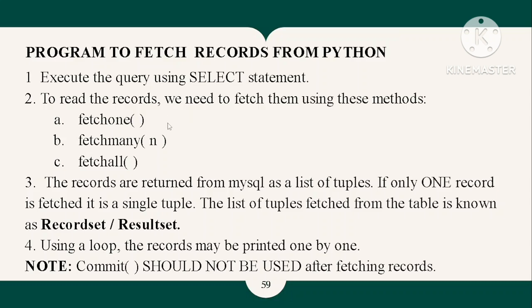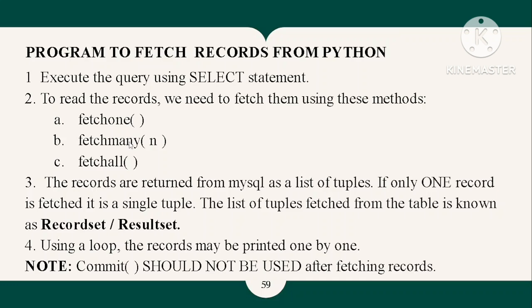There are 20 records. If you want a sample of only one record, you just want to open a single record and print it on the screen, you can simply say some variable v equal to cursor.fetchone, which will fetch the first record that is returned from MySQL, and that record you can print on the screen.